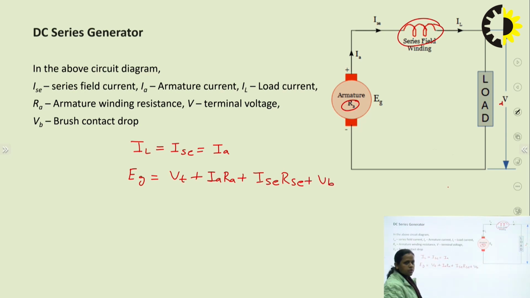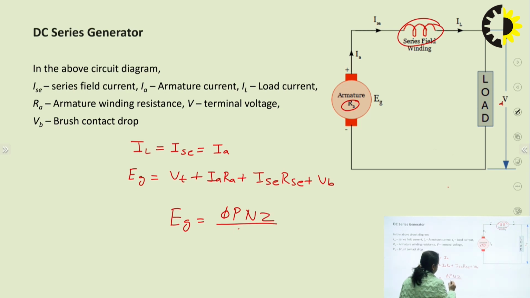This will be the equation for generated EMF, and we know EG is equal to phi P N Z upon 60A. So this will be the equation here.